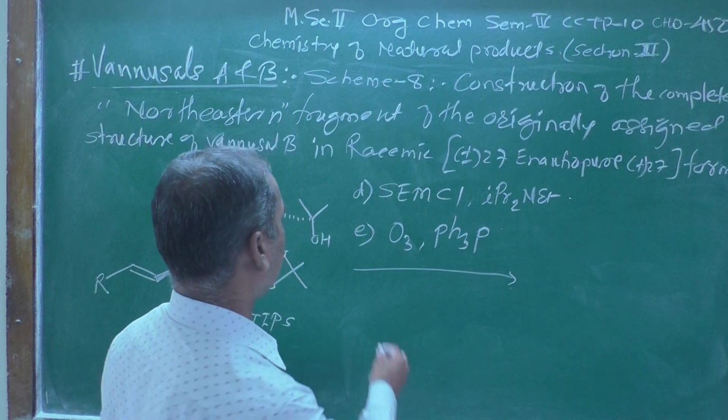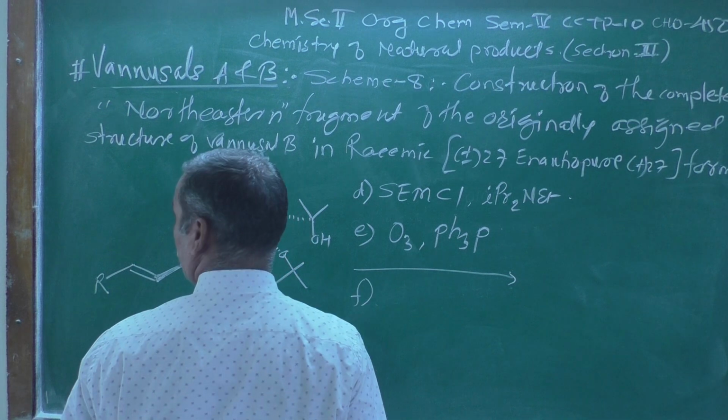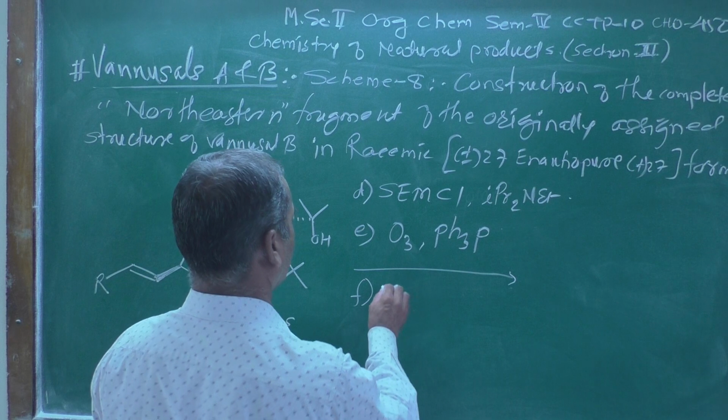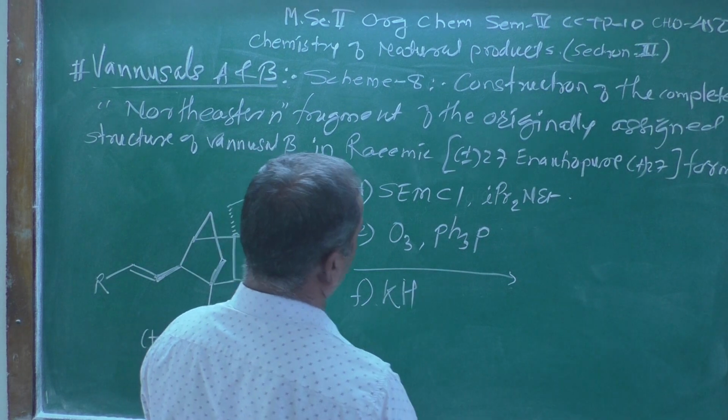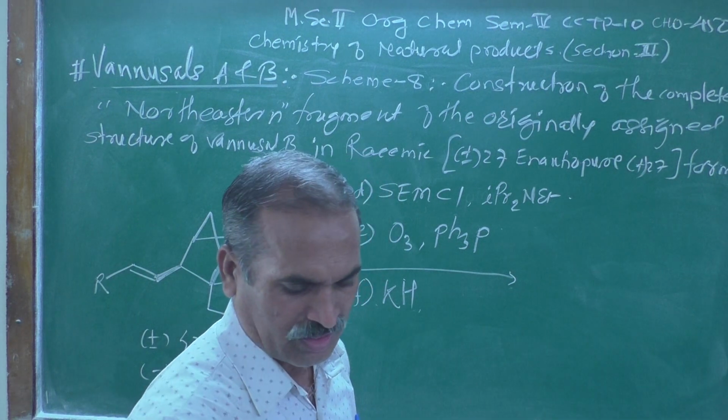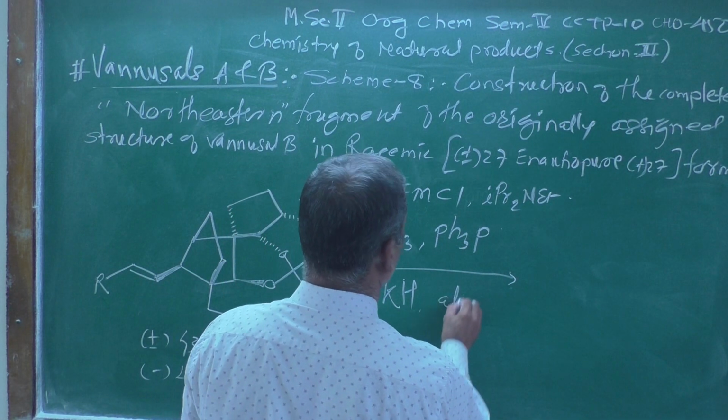After that, we are adding as reagent number F, KH, which is potassium hydride, followed by allyl chloride.